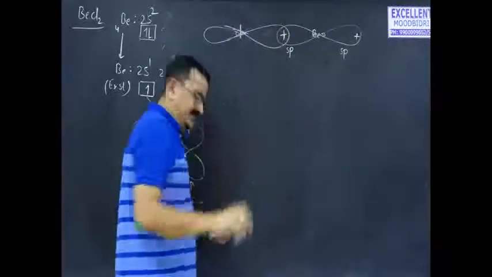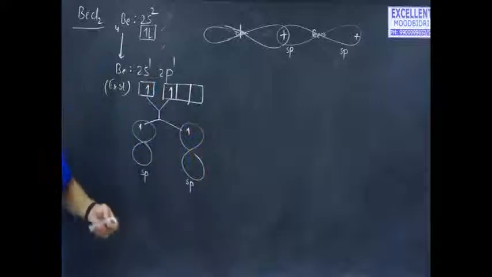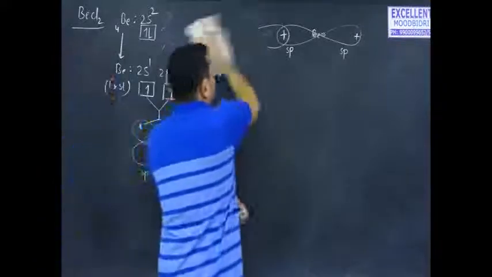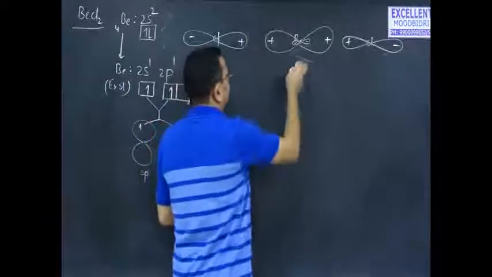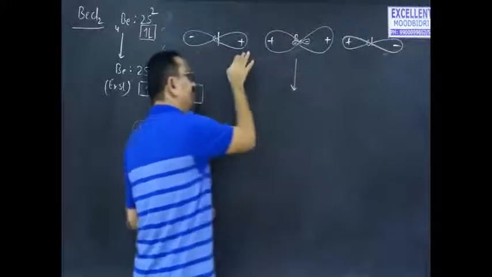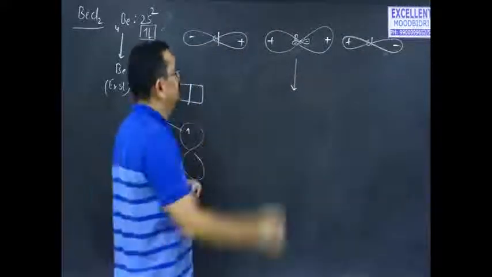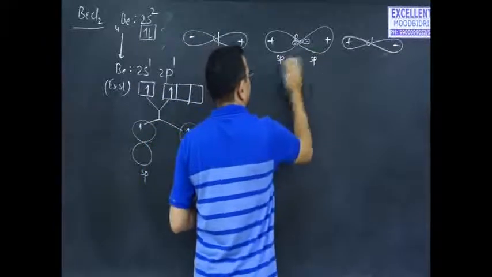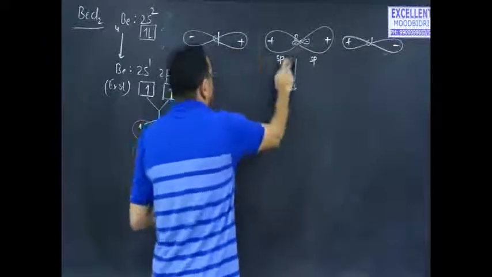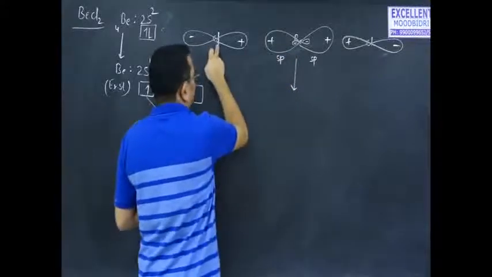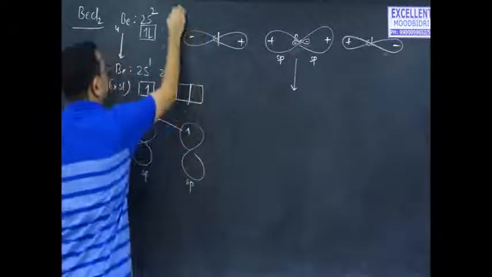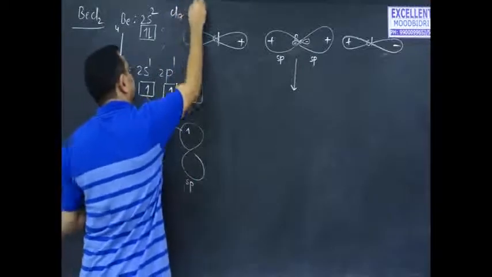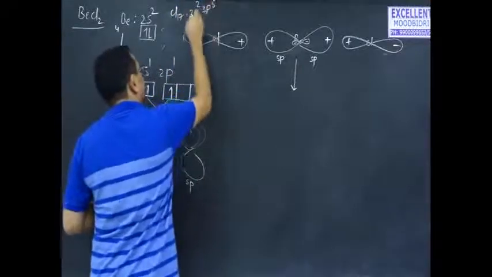Instead of directly taking the picture, let us see the picture before overlapping and after overlapping. Now this beryllium's first sp hybrid orbital and second sp hybrid orbital are approached by the half-filled p orbital of chlorine. Just now we saw the chlorine electronic configuration in the outer shell, 3s2, 3p5.